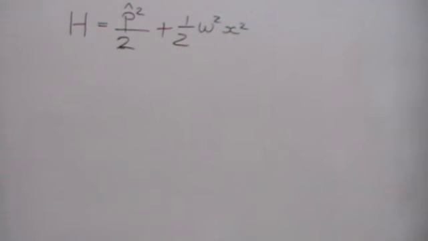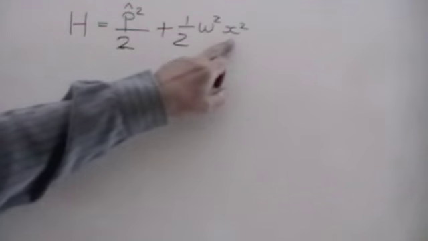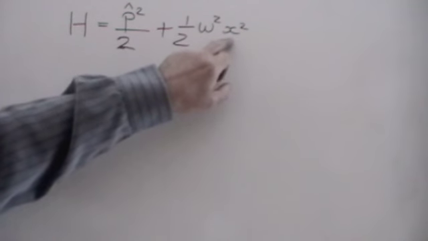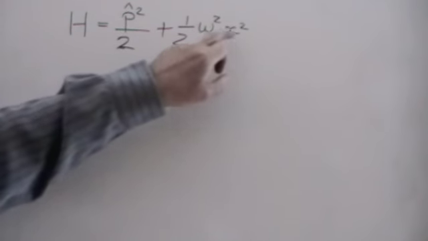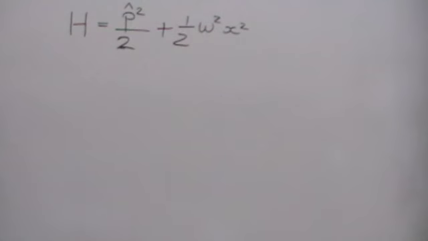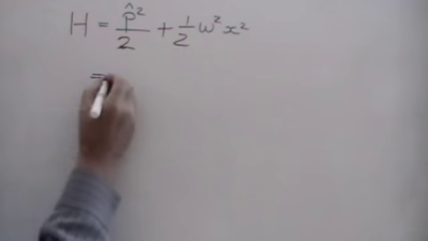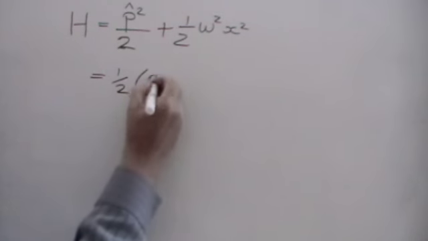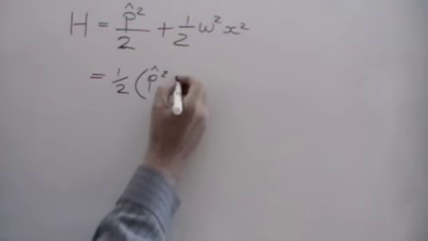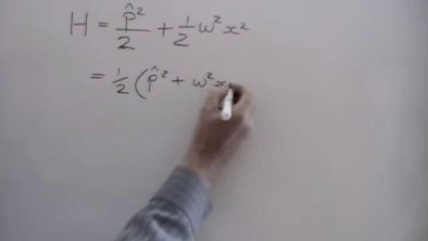P is the operator. X can be the operator, but then the x operator simply returns the value of x, so we can put the number x in here. So I can just write that as 1/2 into p hat squared plus omega squared x squared.